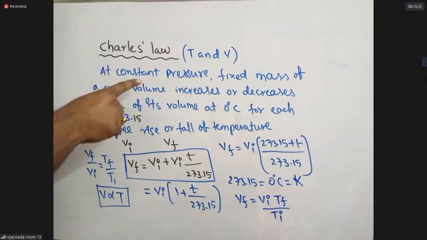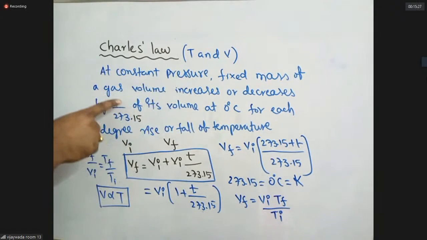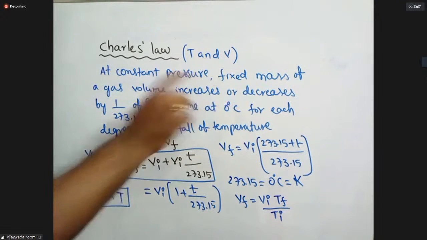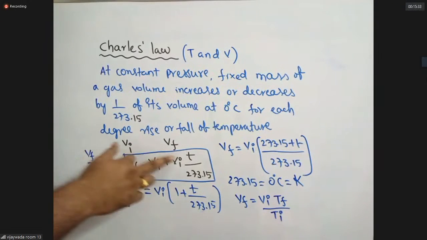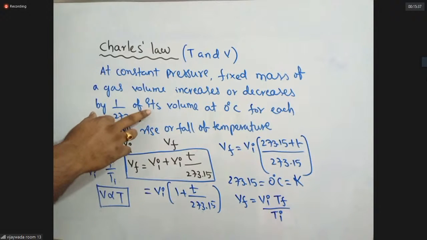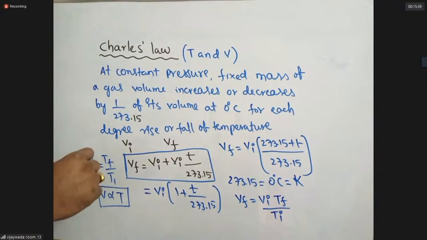That's why at constant pressure, for a fixed mass of gas, volume increases or decreases by 1 by 273.15 of its volume at 0 degrees Celsius for each degree rise or fall of temperature.